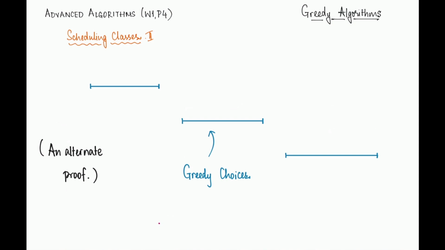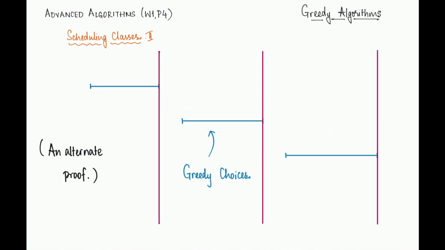And let me now just drop a perpendicular from the finish times of all these chosen intervals. Now I would like to claim that all the remaining intervals overlap these perpendiculars, at least one of them. Why is this true? Well, let me try to draw an interval that avoids any of the pink lines.